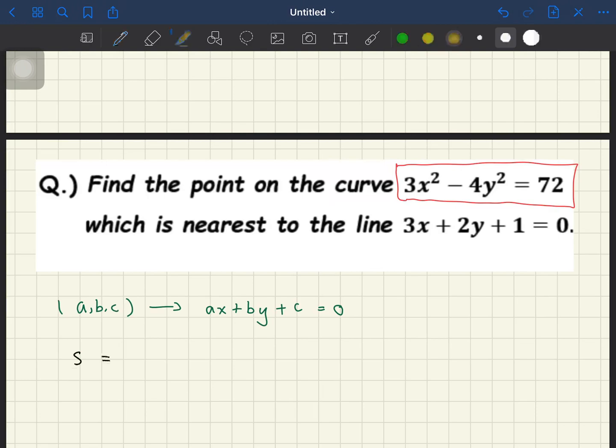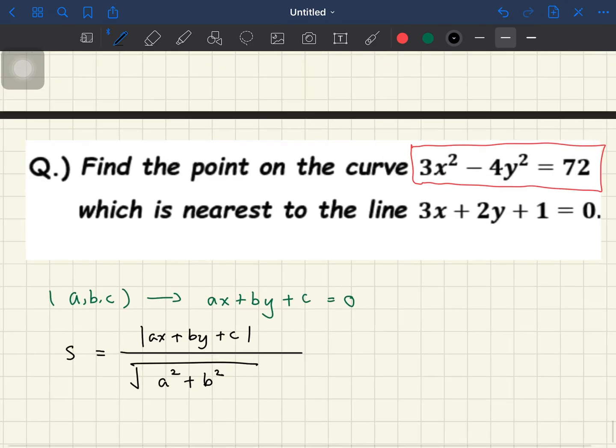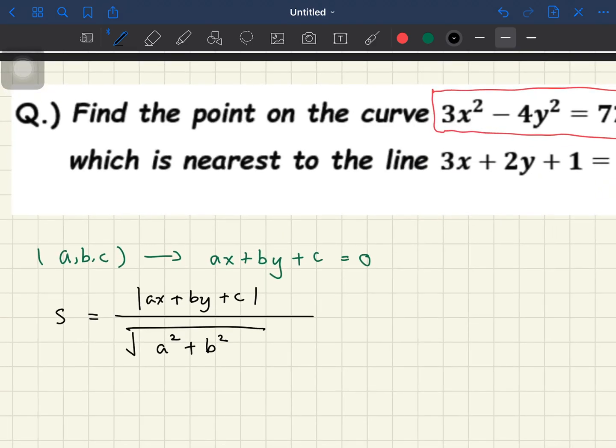So s is the shortest distance, which equals the absolute value of ax plus by plus c over the square root of a squared plus b squared, where a and b are the constants of the linear straight line equation. So we have a, b equals 3, 2.